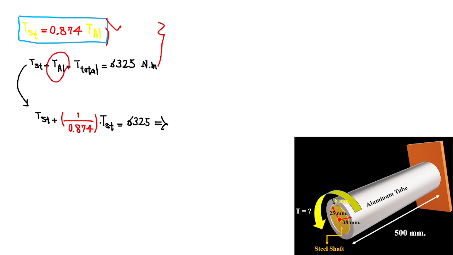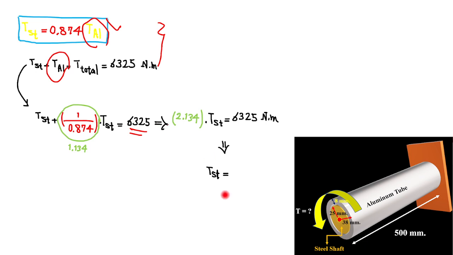It gives us T aluminum is T steel times 1 over 0.874, and it gives us the total value. If you solve this equation, it gives you a share of torsion of steel of 2951.